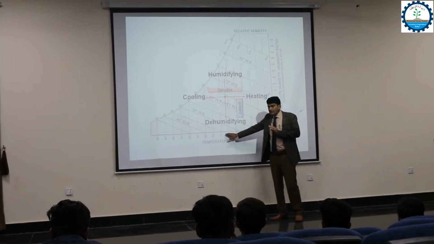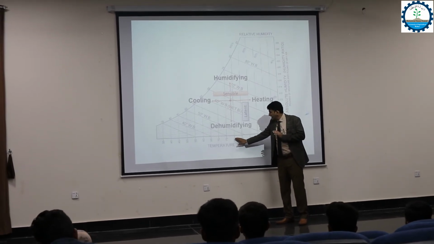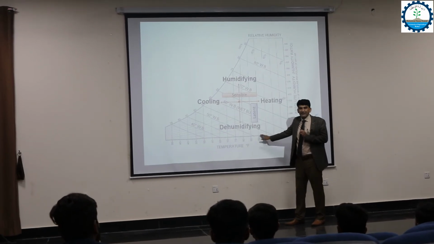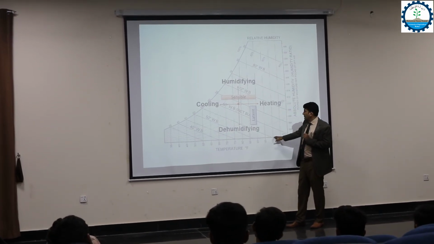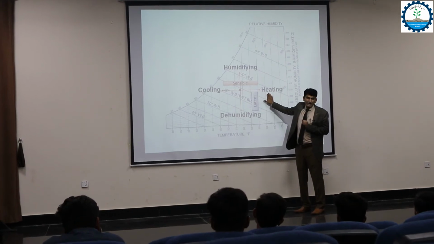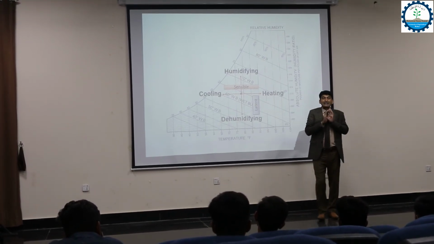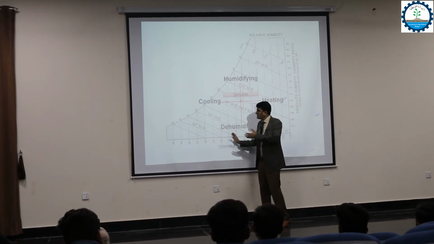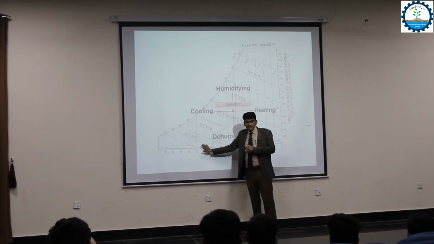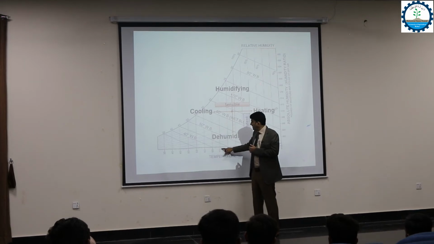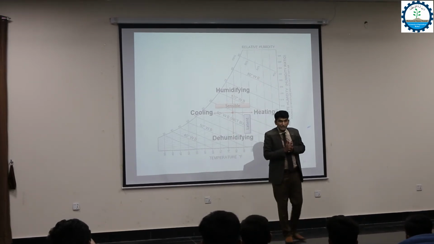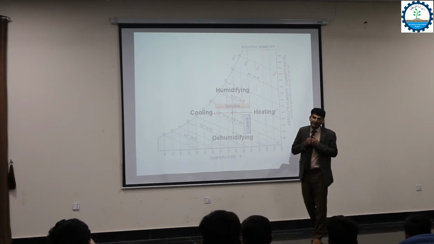So the dry bulb temperature is increasing when we move along the x-axis in the rightward direction. So it means a heating phenomenon. We are adding heat, and when we move horizontally to the left side, the dry bulb temperature reduces, meaning there is a cooling effect, you are extracting heat.